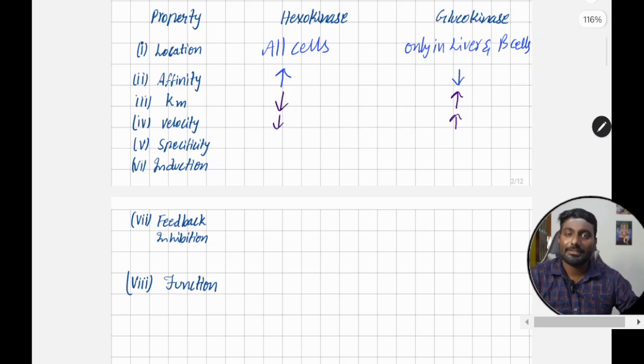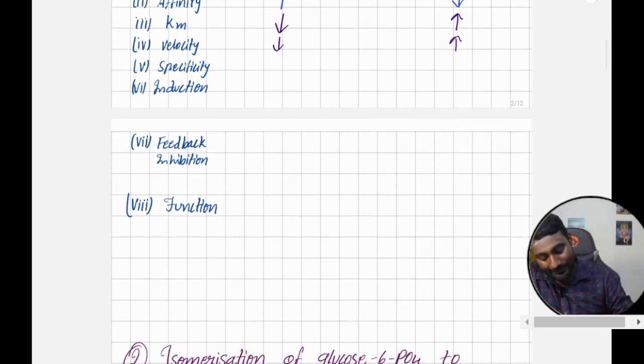What do you mean by this? If you see in the portal circulation, after taking food, whatever glucose is present there, the liver will immediately take it up and convert it into glucose 6 phosphate very fast because of the presence of glucokinase. Okay, got it? Now we will see the specificity.